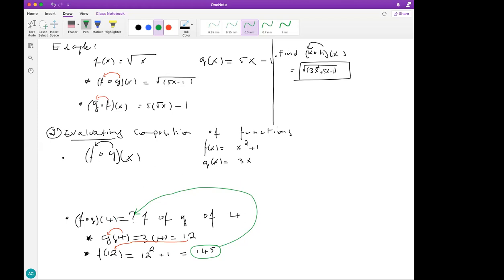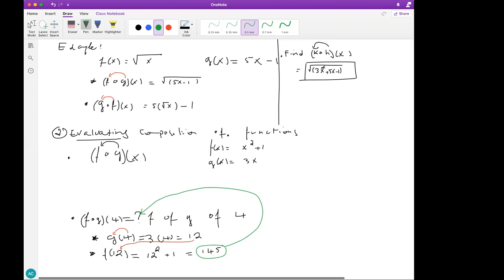We did it in 2 steps. You can do it in 1 step if you want. If you want to find the composition first, that's fine. If you want to plug g into f, like we did here, get that composition first. Once you find the composition, you can plug 4 into it. Or you don't have to. If you have a specific value here, just evaluate this first, get that value, and whatever you get from here goes into the first function, f of 12, evaluate it, you get 145.